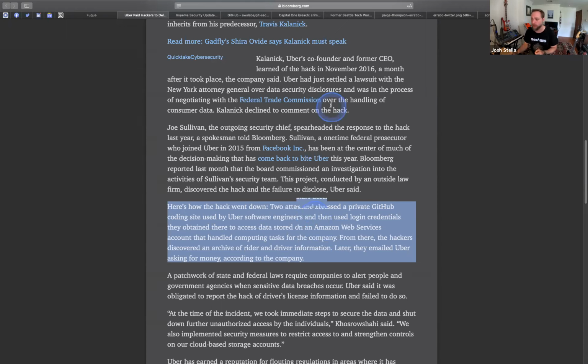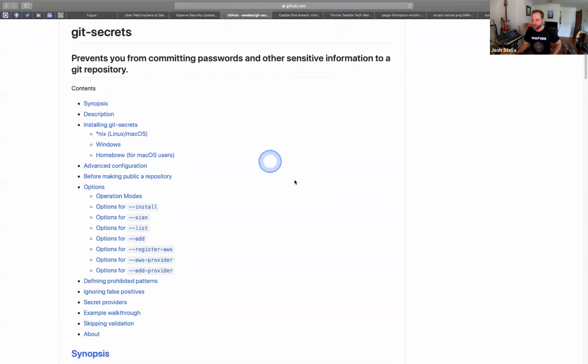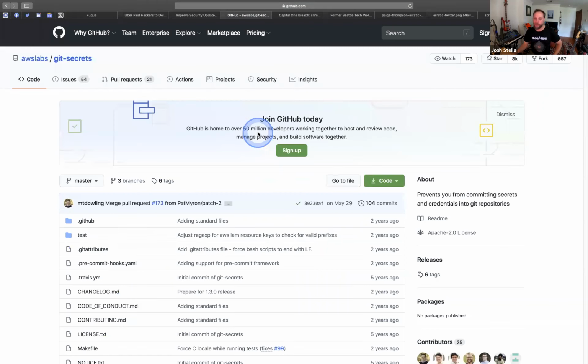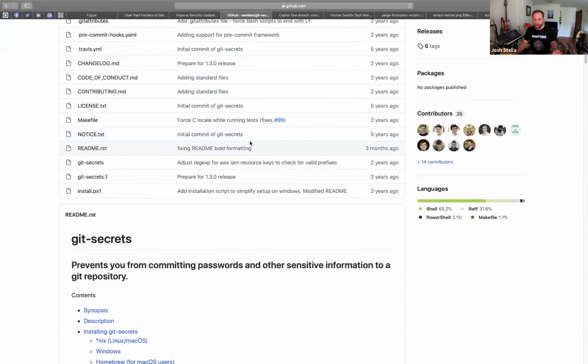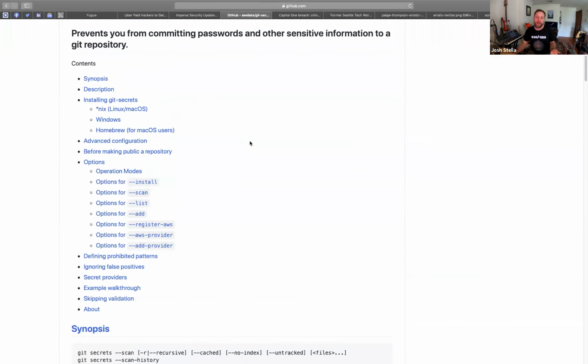And in fact, check to make sure, and I'm going to show you, oh, Zoom, get out of my way. I'm going to show you a project called git-secrets from the good folks at AWS Labs. And what this thing will do is it will check your repos to see if there are AWS secrets in them.